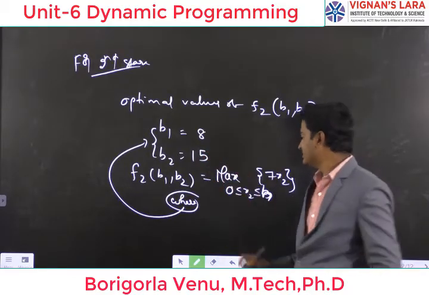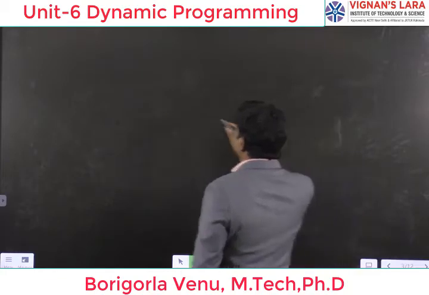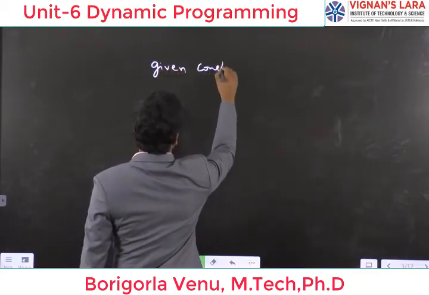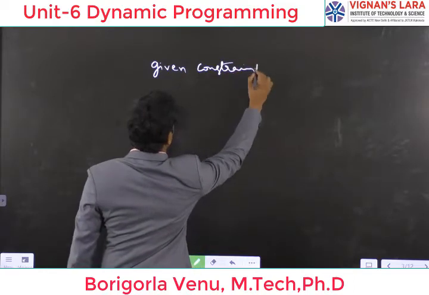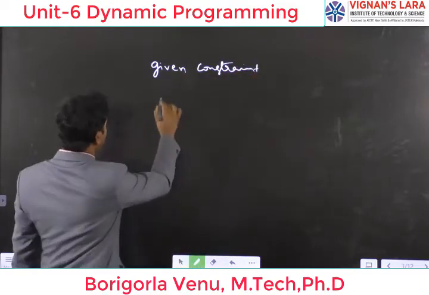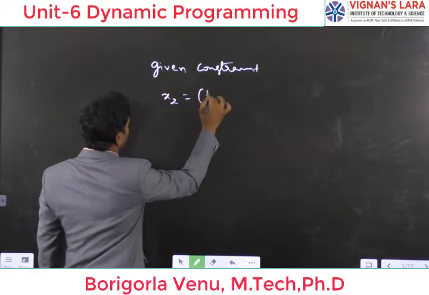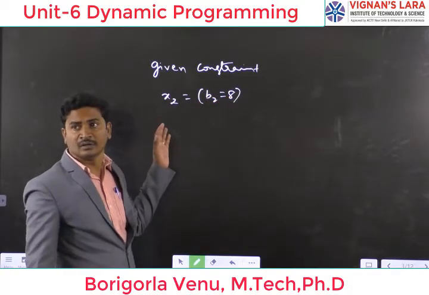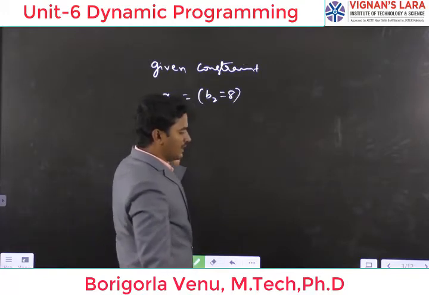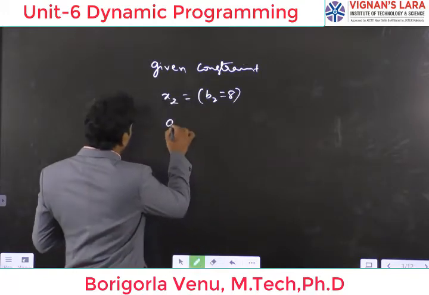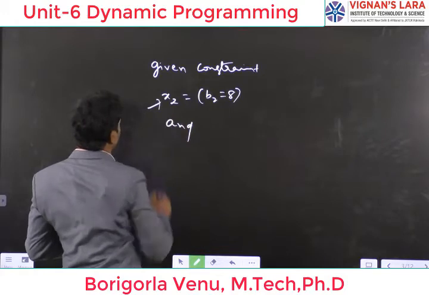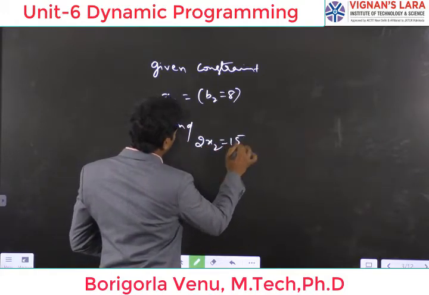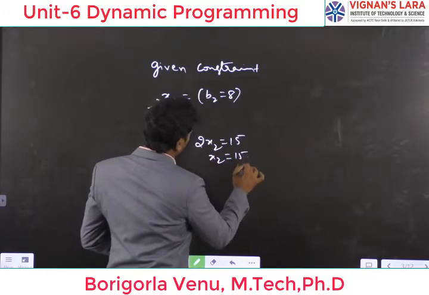Here the given constraints at the x2 stage: x2 is equal to b1 is equal to 8, from the first constraint, and coming to the second constraint, 2x2 is equal to 15, that is x2 is equal to 15 by 2.